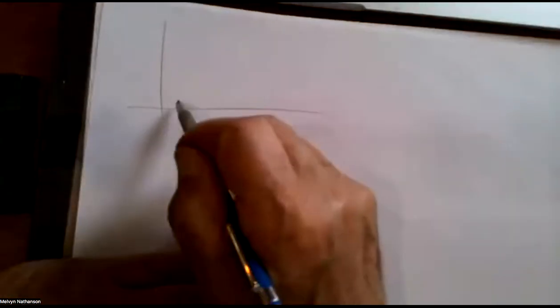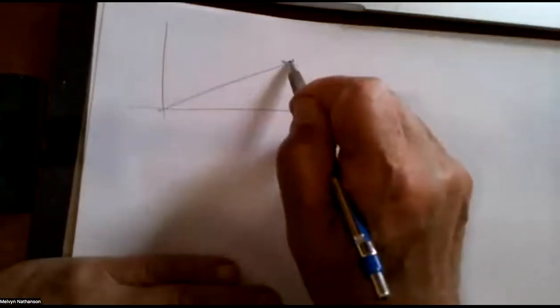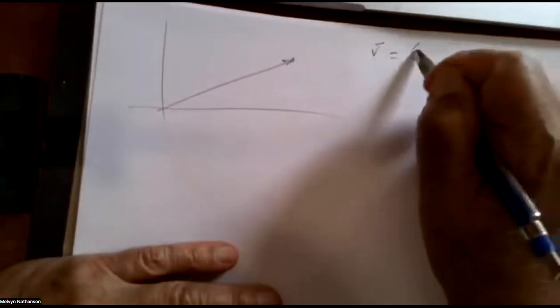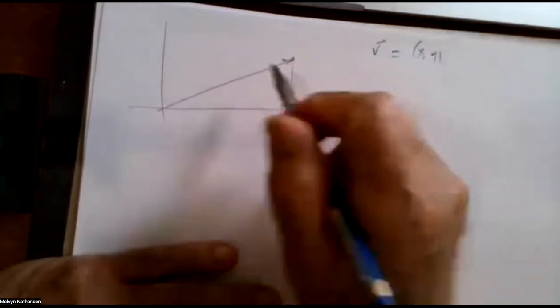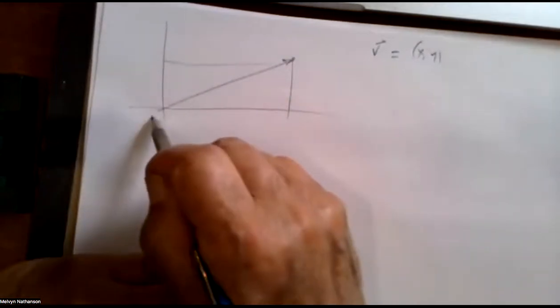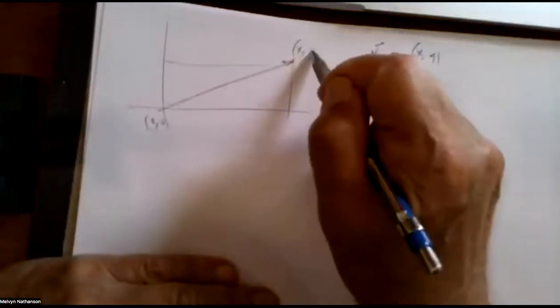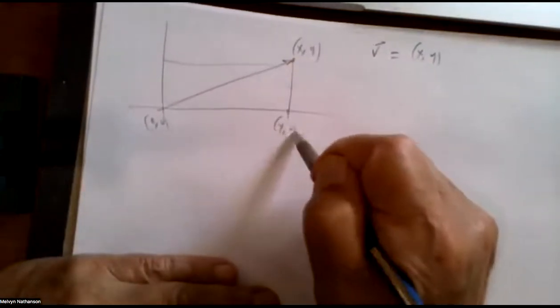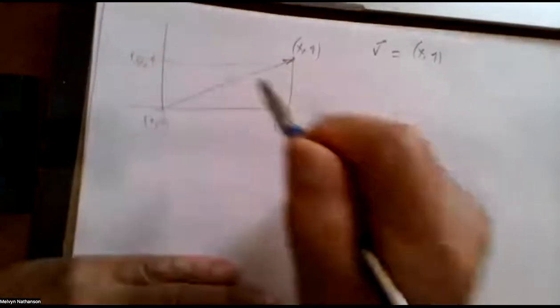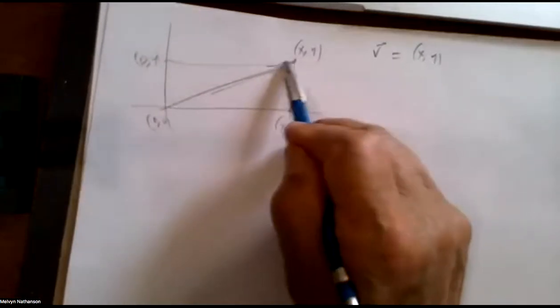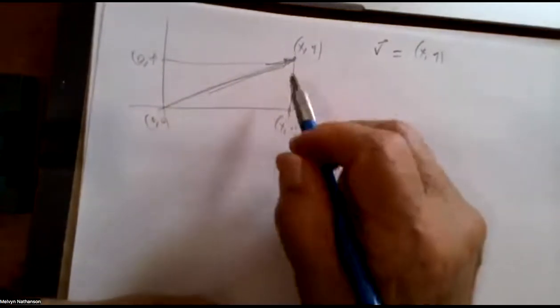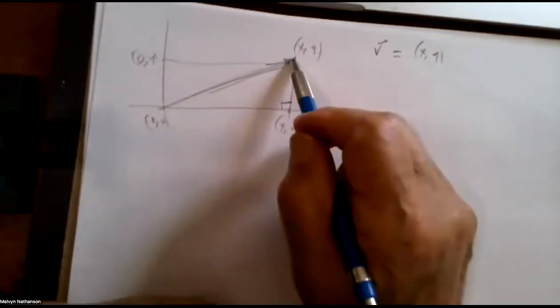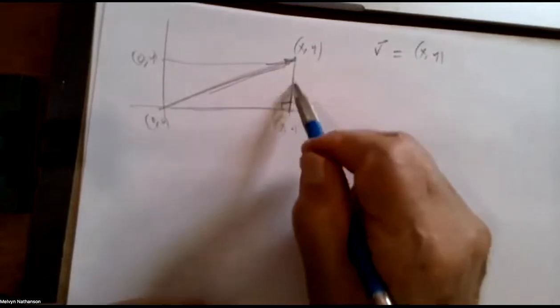There is a notion of the length of a vector or the magnitude of a vector. So here we have the vector v equal to x, y, those are its coordinates. So this point would be x, 0, this point would be 0, y. How will we reasonably define the length of this vector? Well, if you look at this vector, it's the hypotenuse of this right triangle.